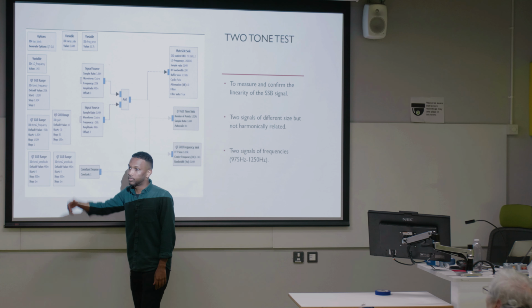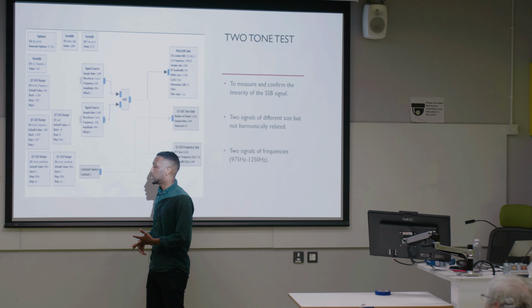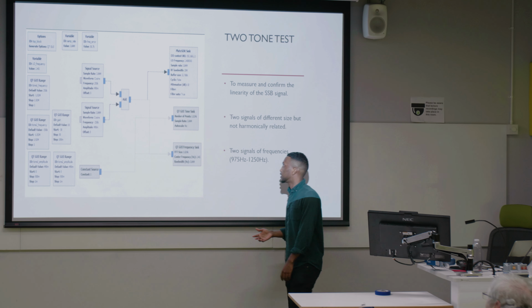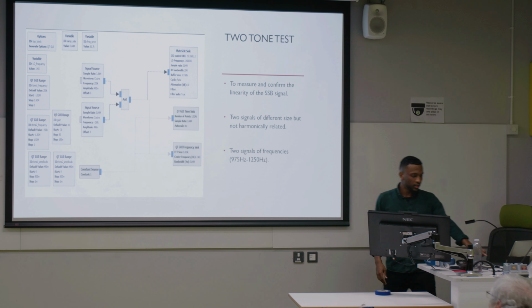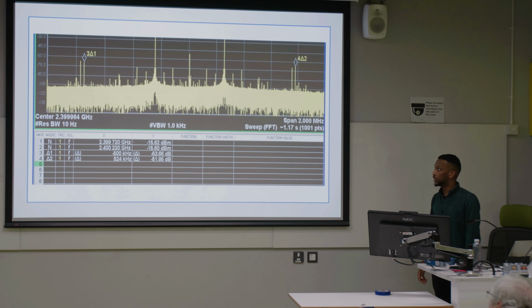The two-tone test is based on changing the amplitude, the frequency, and the gain of the signal, and then you can study all the harmonics and noise. The two signals we've used are 975 hertz and 1250 hertz.